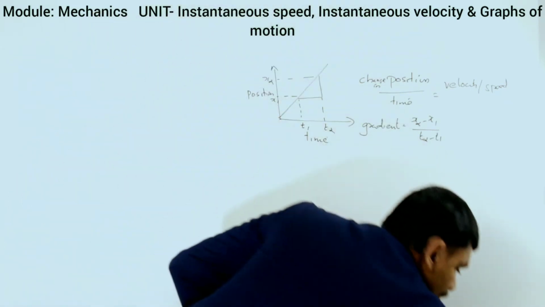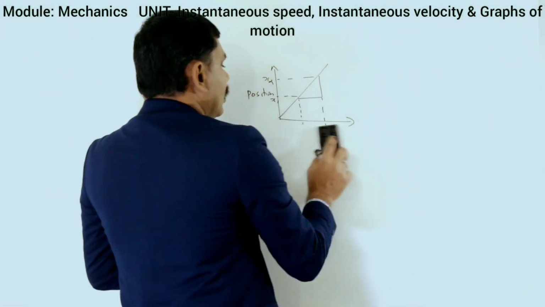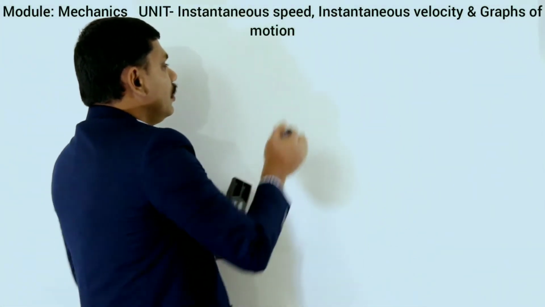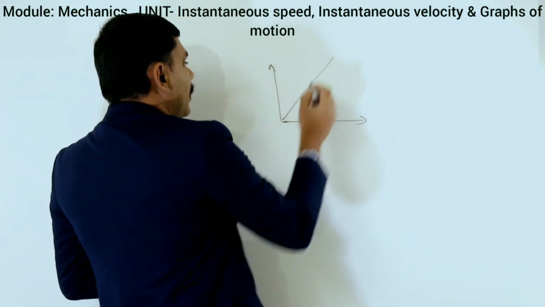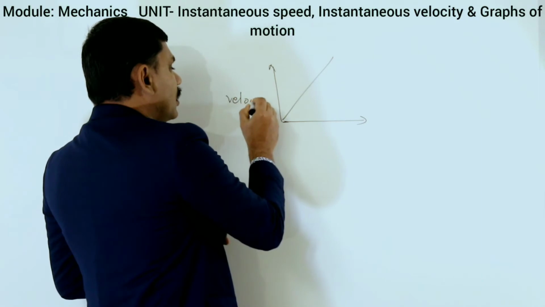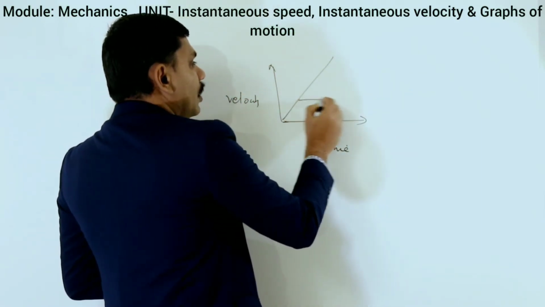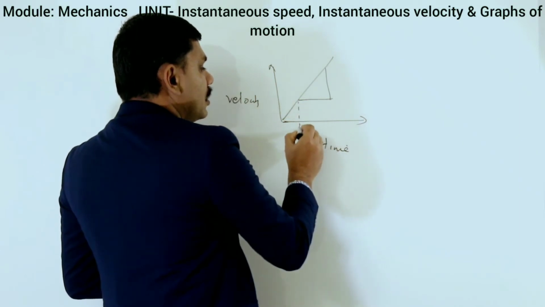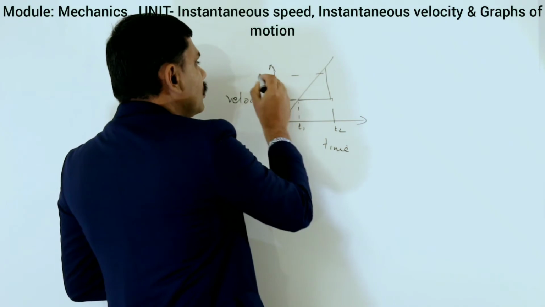If I am drawing a velocity time graph, you make a triangle here. This is t1, this is t2, this is v1, this is v2.